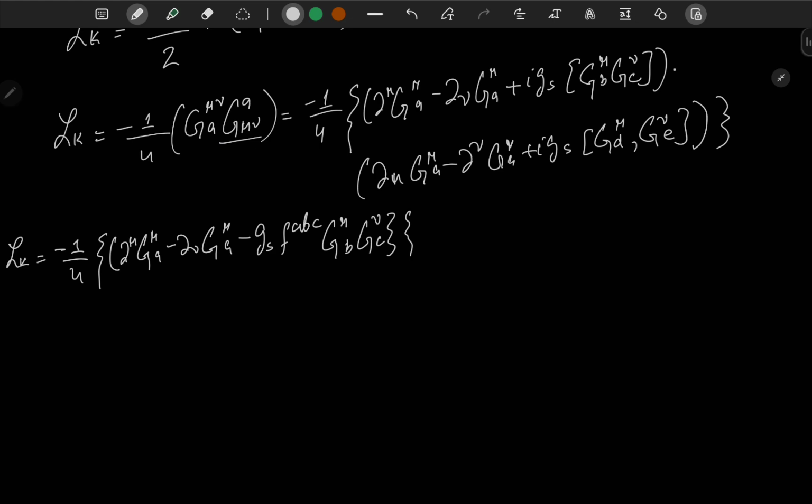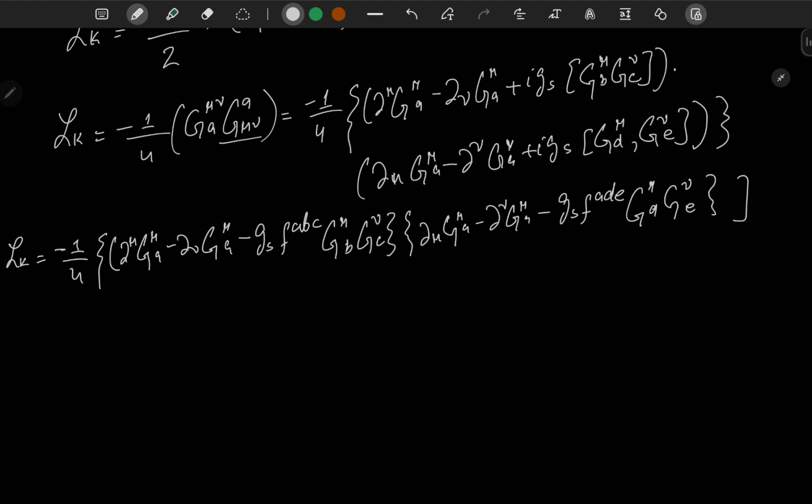Similarly, for the other term, I can write D_mu g_nu minus D_nu g_mu, plus g_s f^{ade} g_mu of d g_nu of e.